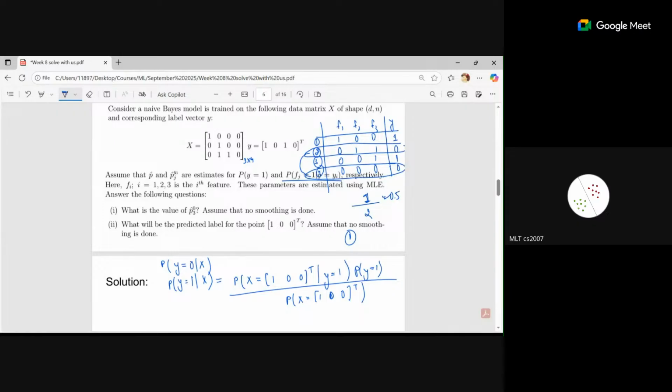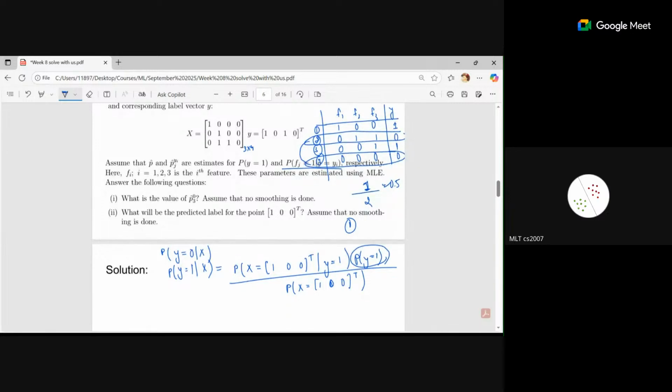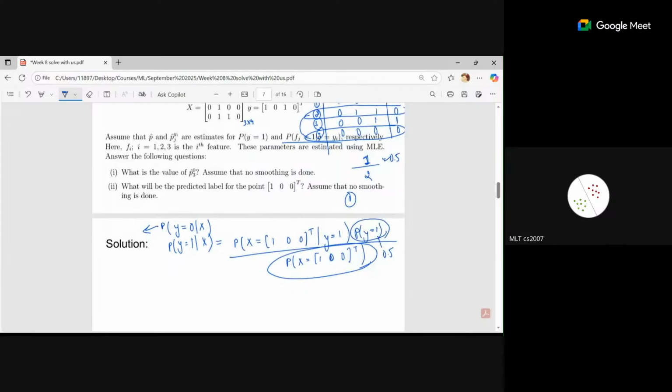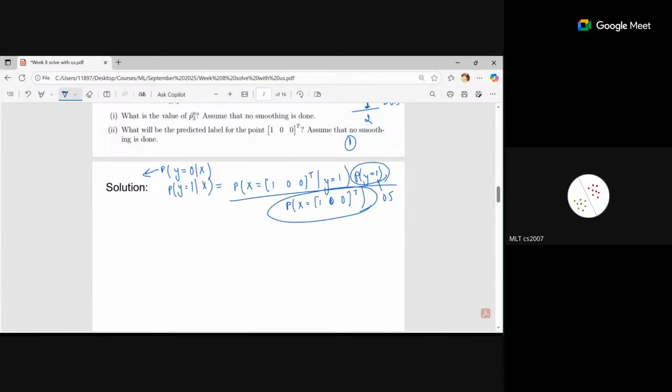Now we know the estimate for probability of y is equal to 1, and that will be 0.5. We can ignore the denominator, because even if we are calculating probability of y is equal to 0 given x, it is going to be the same. So just ignore the denominator and work with the numerator.